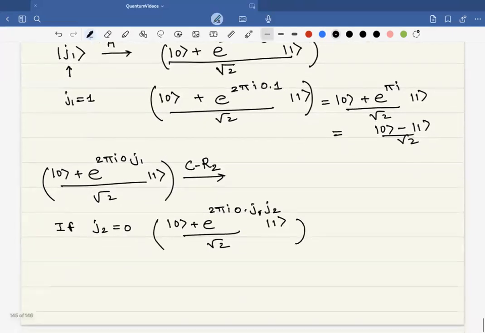If J2 is 1, then what does the control R2 gate do? It doesn't change the ket 0 vector. This will remain this.